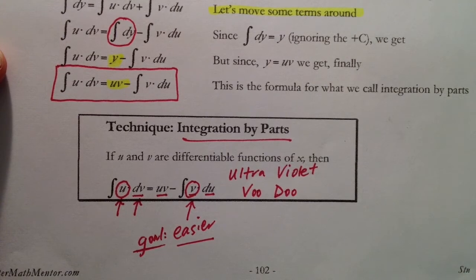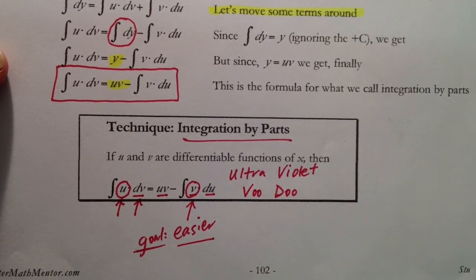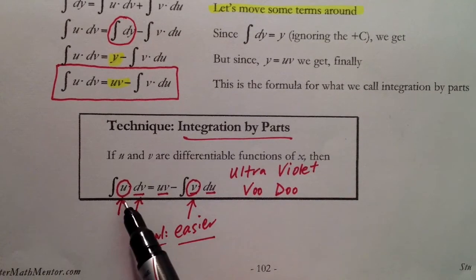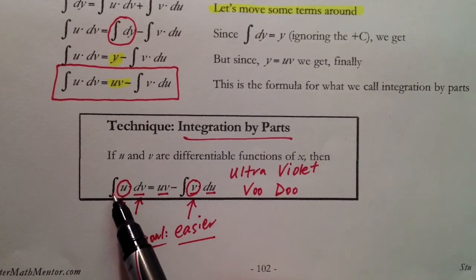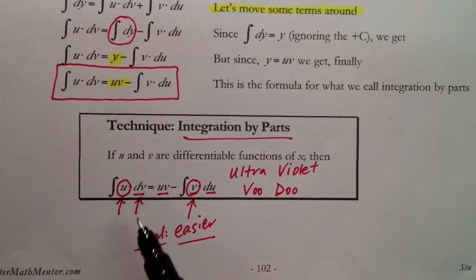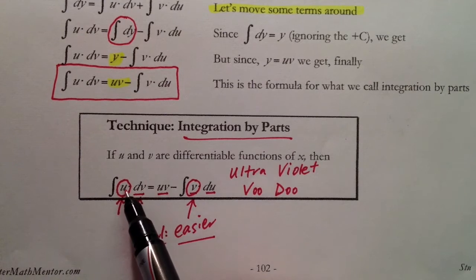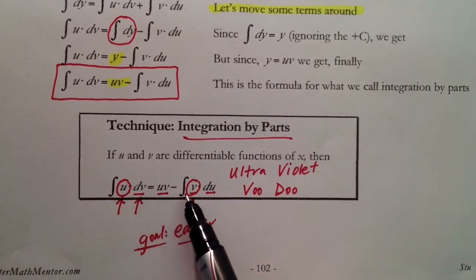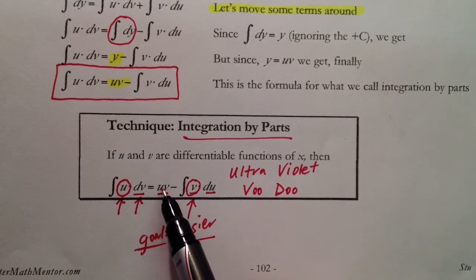And noticing here we have ultraviolet voodoo. Let me explain that. You may have heard that from a friend that has already taken this class. But notice that you're integrating a u times a dv. Well, the formula is that on the right side of the equal sign you get the letters u times v.